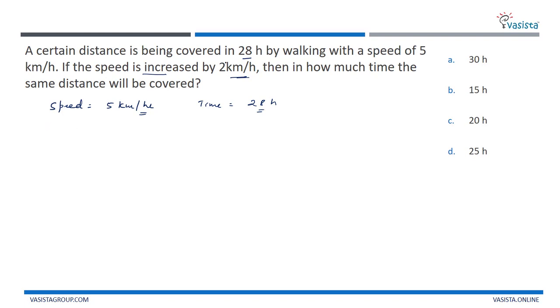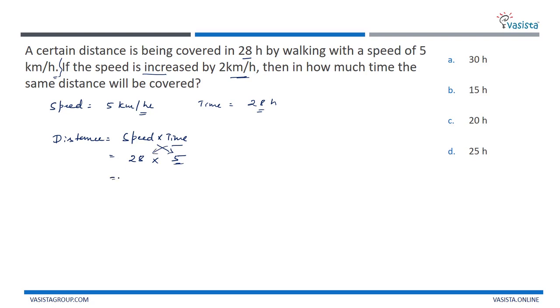First of all, we are supposed to find the distance in this first segment. They have given speed is 5 km per hour and time is 28 hours. So we know the formula: distance is equal to speed into time. Speed is 5 km per hour, and time is 28.